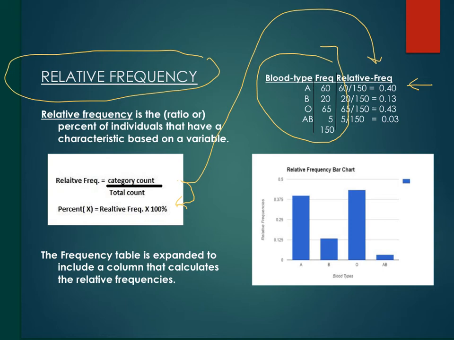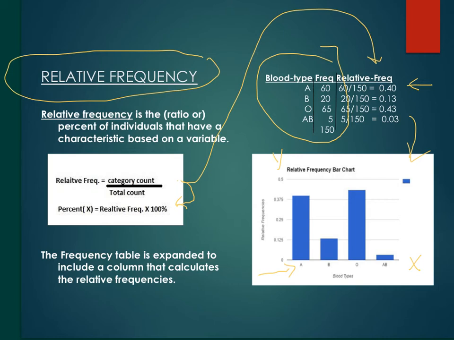Once we've created the relative frequency table, we can create a relative frequency bar chart, which we will show you down here at the bottom. And again, on the x-axis, we put in our categories A, B, O, and AB. And on the y-axis, it's our relative frequency. They go from 0 to 0.5 in this case, because that's the maximum that we need to include all of our relative frequencies.